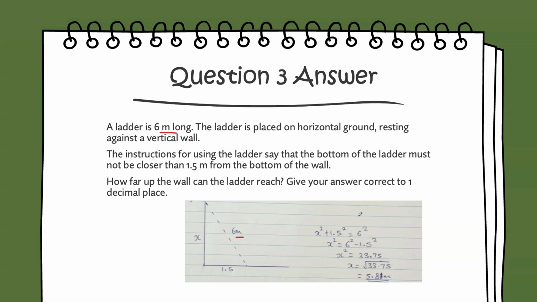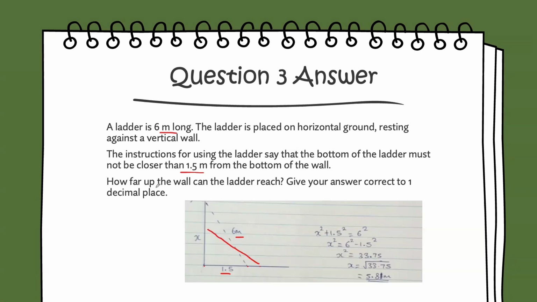We also know that the bottom of the ladder must not be closer than 1.5 meters from the bottom of the wall. So if this is the bottom of the wall, and this is the bottom of the ladder, this cannot be closer than 1.5. Obviously, it can be more than 1.5, but if we have it at more than 1.5, say here, then we're going to have a lower height that it's going to reach.